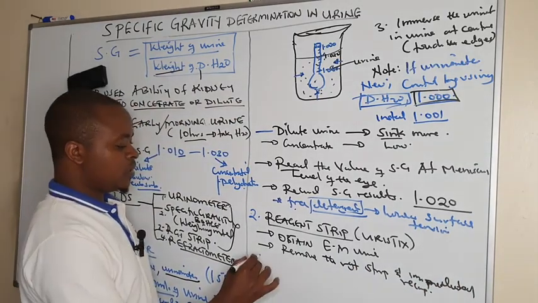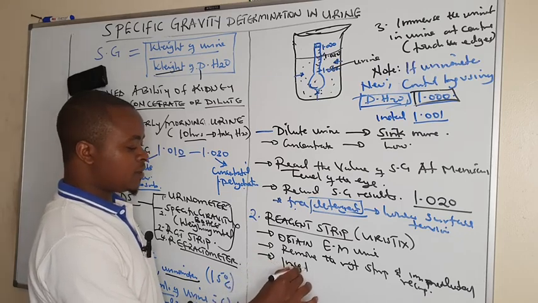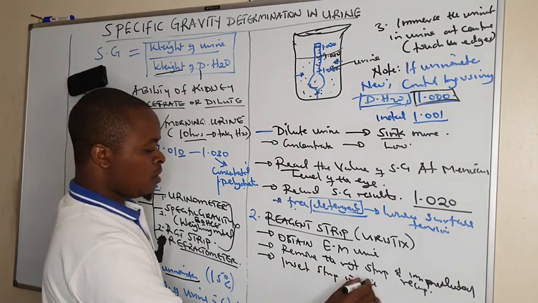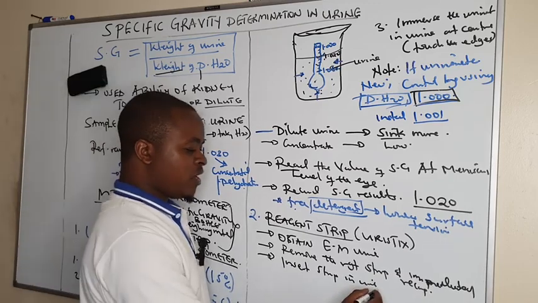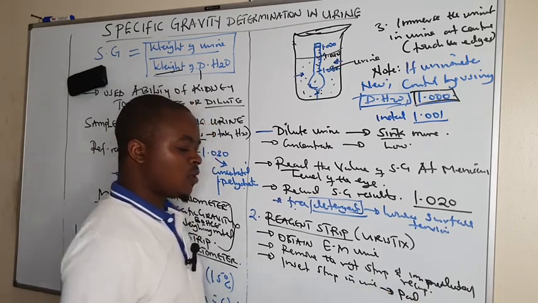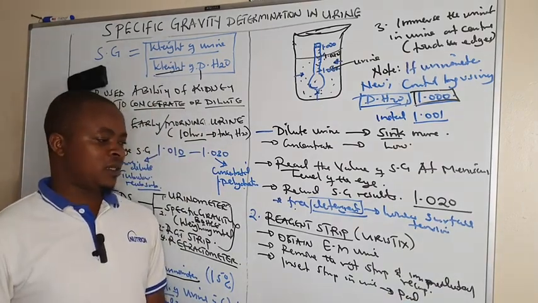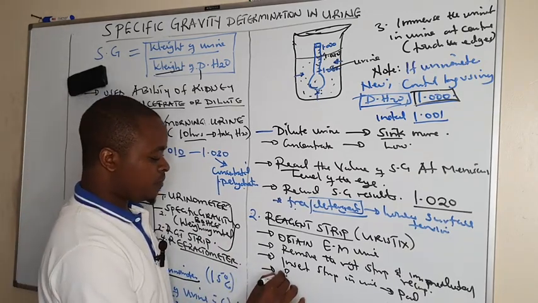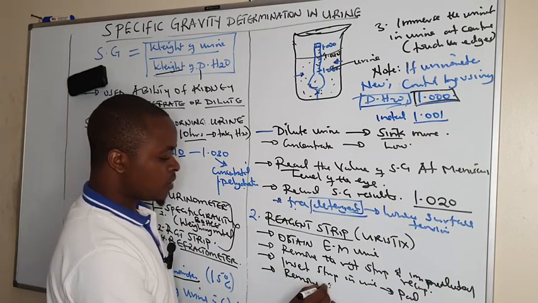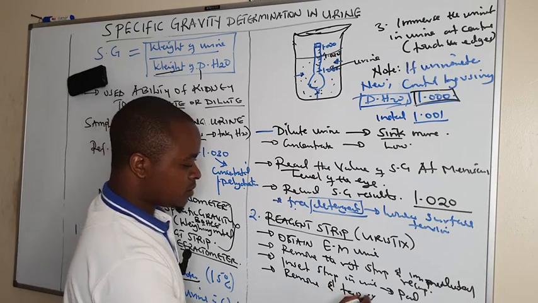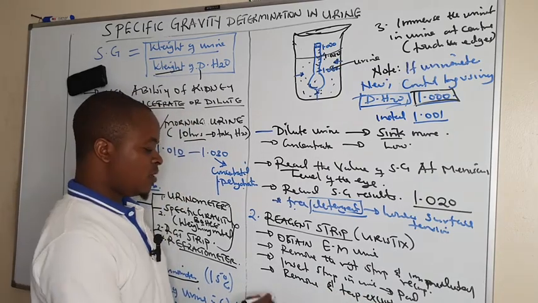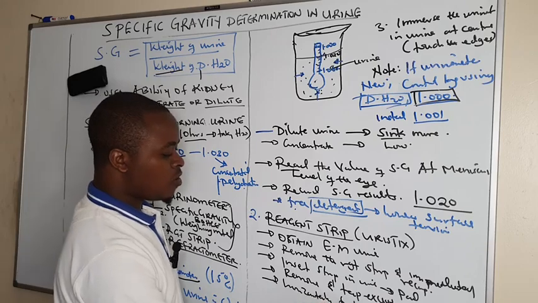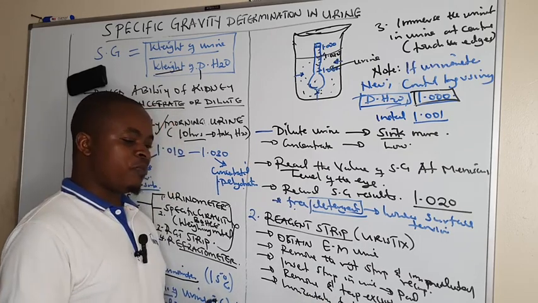After recapping, you immerse the strip in urine, and you make sure the urine covers the whole pad where the specific gravity pad is. Then you remove it immediately and tap off the excess urine, then leave it to stand horizontally for 1 minute, and you compare.